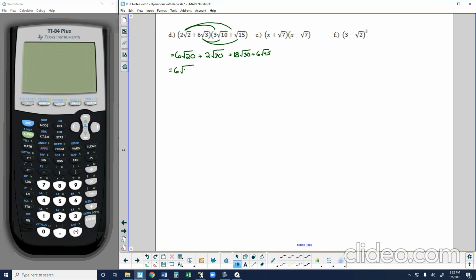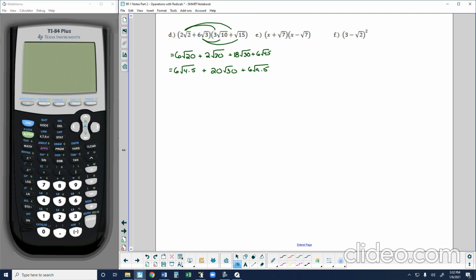I can rewrite root 20 as root 4 times 5. In my 2 root 30 and 18 root 30, I can combine those to get 20 roots of 30, adding their coefficients. And my root 45 can be broken down. There's no like term there, but it can be broken down into 9 times 5.